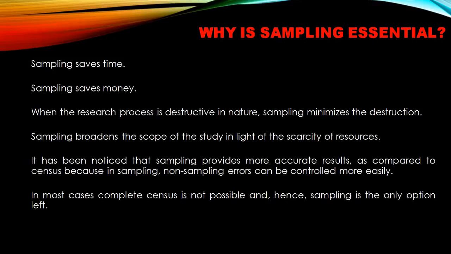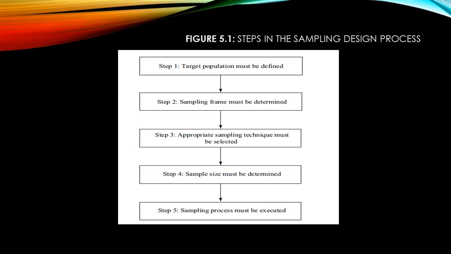And when such changes occur in the population, and when I publish my results, a lot of things could have changed. So the accuracy of census is quite obscure. Then in most cases, complete census is not possible, and hence sampling is the only option left. That's quite obvious.